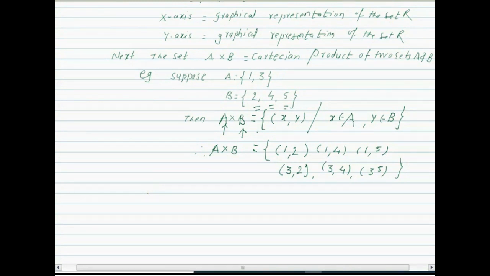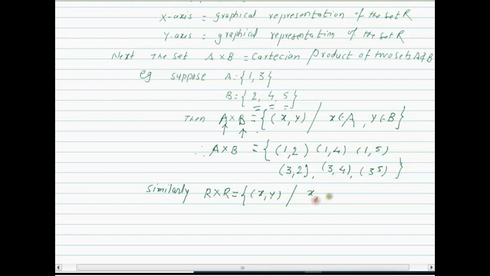Now, in the definition of a function of two variables, we will use the set R cross R. What is R cross R? The set of all ordered pairs (x, y) such that the first element is from the first set R, the second element is from the second set, and both sets are the same.